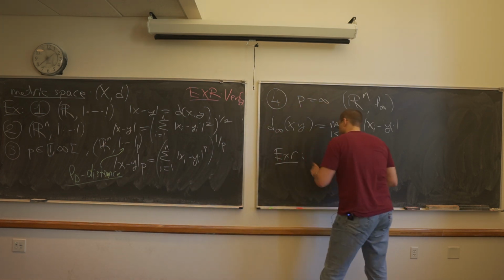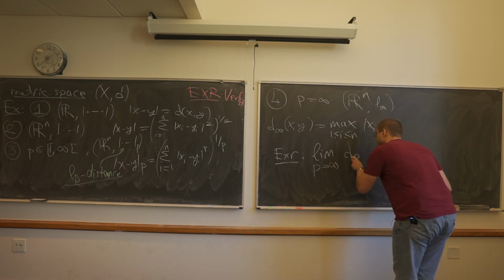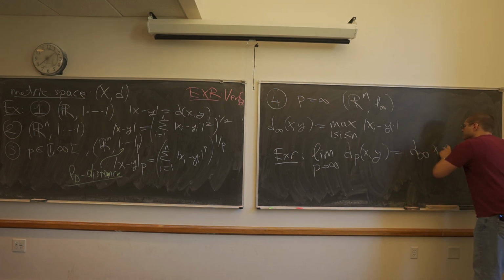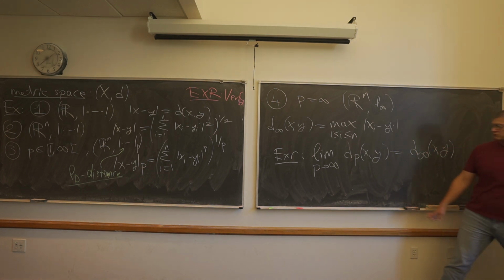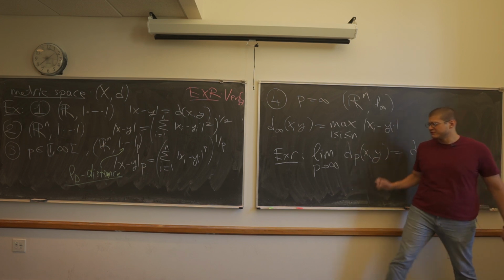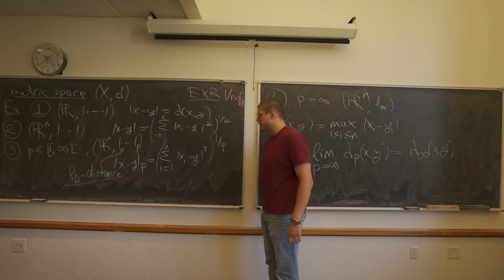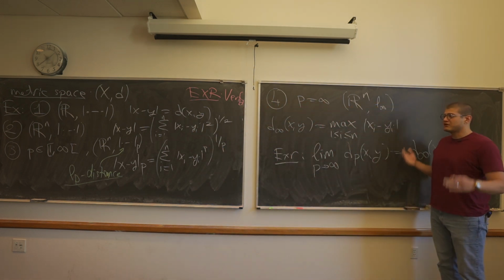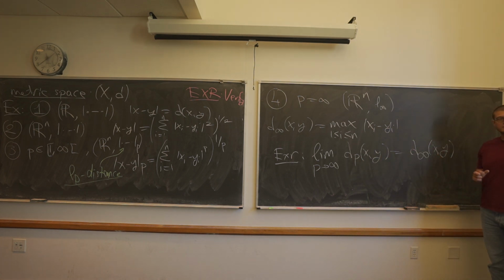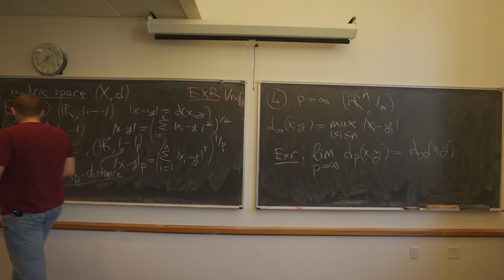Exercise: you take two vectors in Rn, you look at the p norm, or p distance between them, it's this number. You take this expression, it's a function of p for fixed x and y. Take the limit as p goes to infinity, it's single variable calculus at this stage, because this is a number. I'm saying this number converges to this number. Okay, that's a nice exercise.